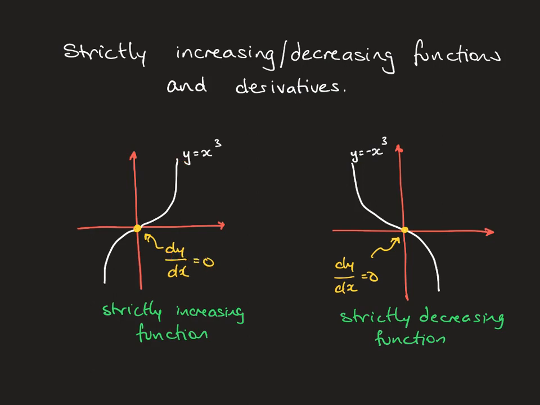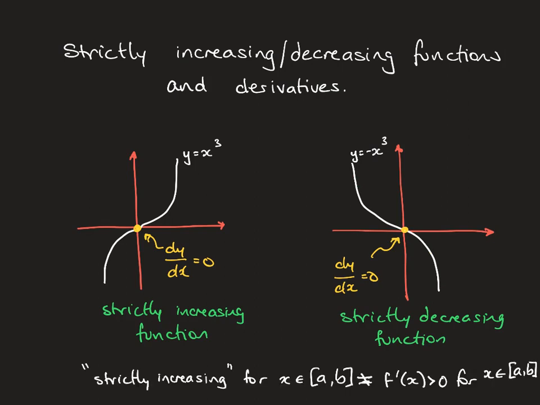And this is the graph of y equals negative x cubed. It's a strictly decreasing function, even though it contains a point where the derivative is equal to 0. So what this means is that if a function is described as being strictly increasing or strictly decreasing, it does not imply that the gradient is positive or negative over that whole interval.